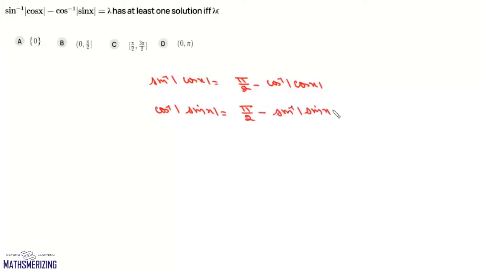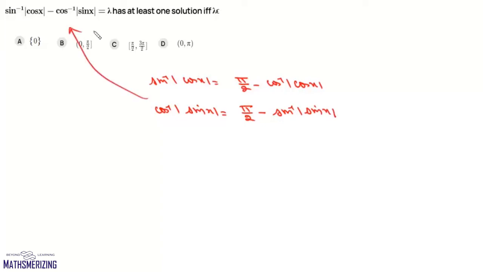Now here the question is, if sin inverse mod cos x minus cos inverse mod sin x equals lambda has at least one solution, then lambda belongs to which of the following intervals? Now we can write sin inverse of mod cos x as pi by 2 minus cos inverse of mod cos x, and in the same way we can write cos inverse of mod sin x as pi by 2 minus sin inverse of mod sin x.